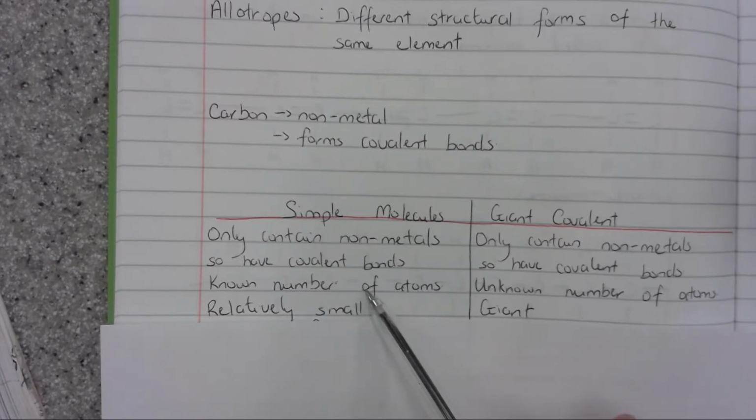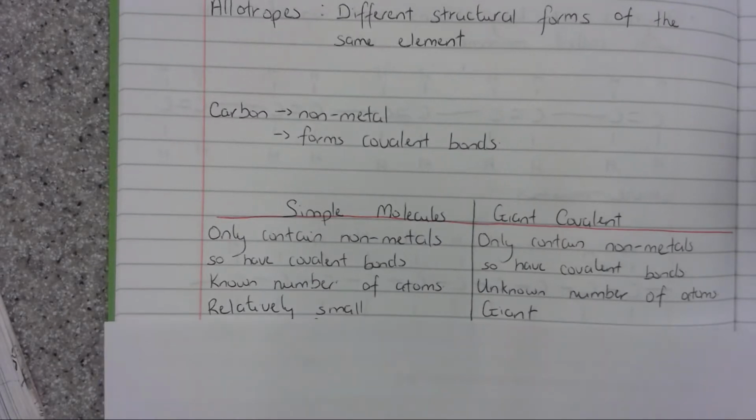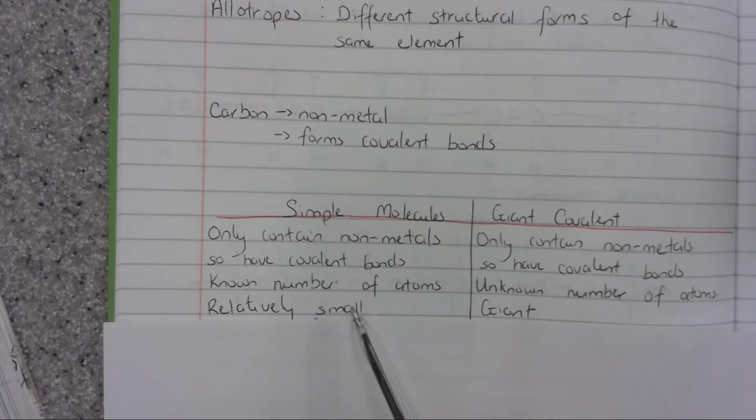By that, I mean I know exactly how many atoms. Example of a simple molecule: I've got 1 carbon and 2 oxygens. H2O is a simple molecule, 2 hydrogens, 1 oxygen. I know exactly how many atoms I've got. I can write a formula, and they are relatively small.